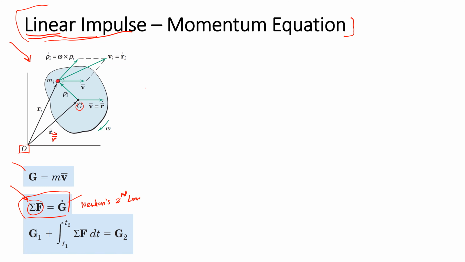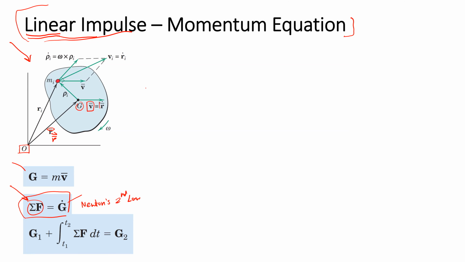R bar vector: if you still remember from the last lecture, if we have a bar, we are talking about the thing that relates to the center of gravity, point G. The position vector of point G is R bar. The velocity vector of point G is V bar, which is the first time derivative of R bar.